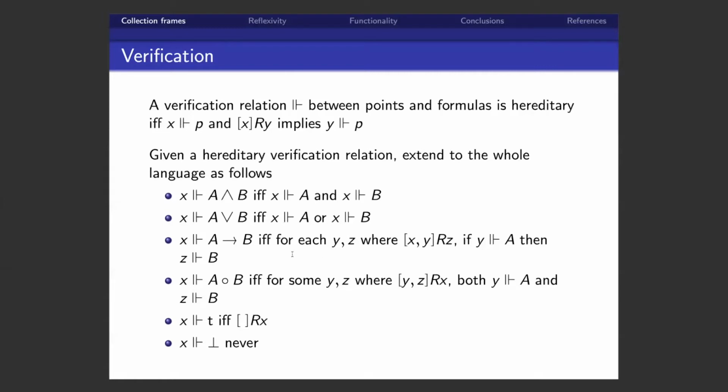And fusion: A fuse B is verified at x just in case for some y and z, the multiset yz relates to x, and A holds at y and B holds at z.